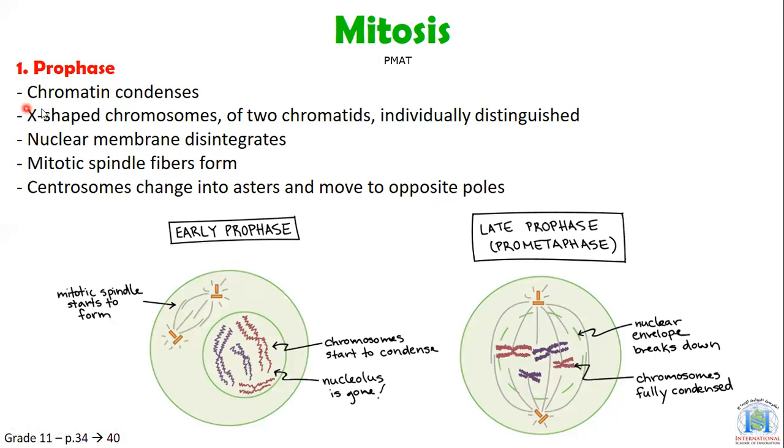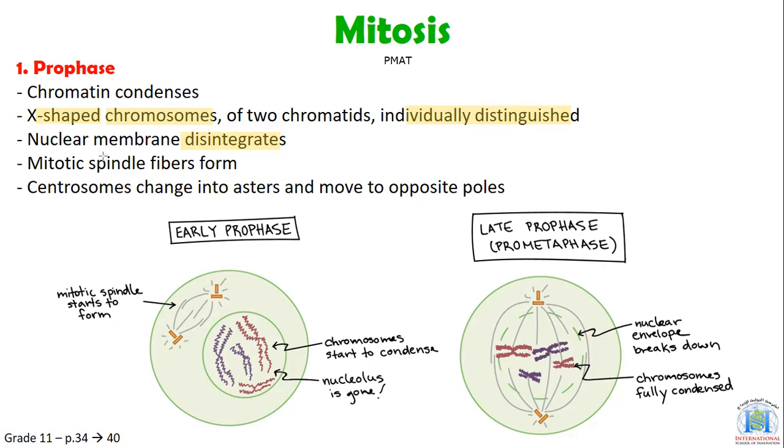Chromatin condenses. This is why we will see visible chromosomes. They will be individually distinguished, visible. We will see clearly their X shape. The membrane of the nucleus disappears.